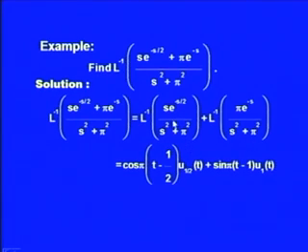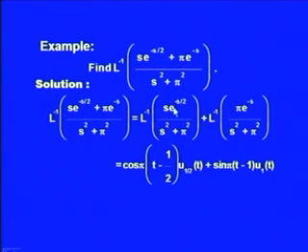And we know that s over s square plus pi square is the Laplace transform of cos pi t, and here if you identify with e to the power minus a s, s into e to the power minus s by 2 tells us that a is equal to half. So, we have to find the inverse Laplace transform of e to the power minus a s into F s, where a is half and F s is s over s square plus pi square, whose inverse Laplace transform is cos pi t.